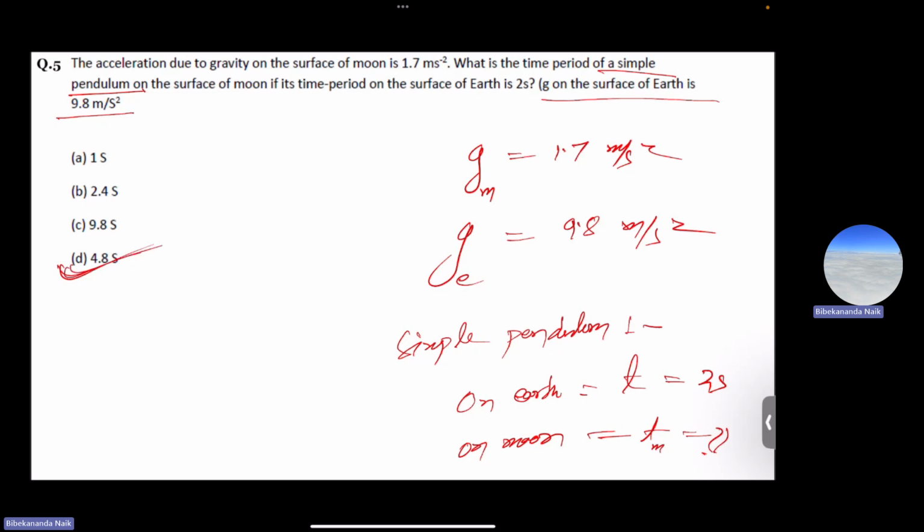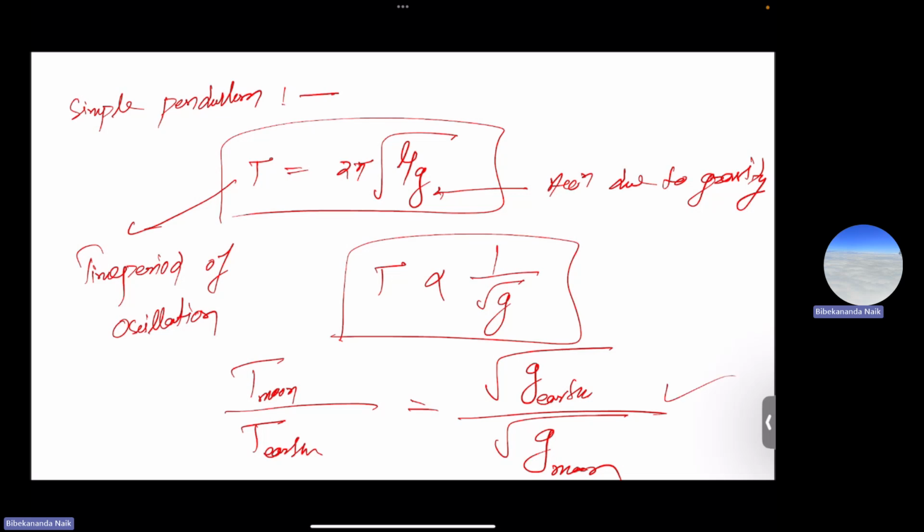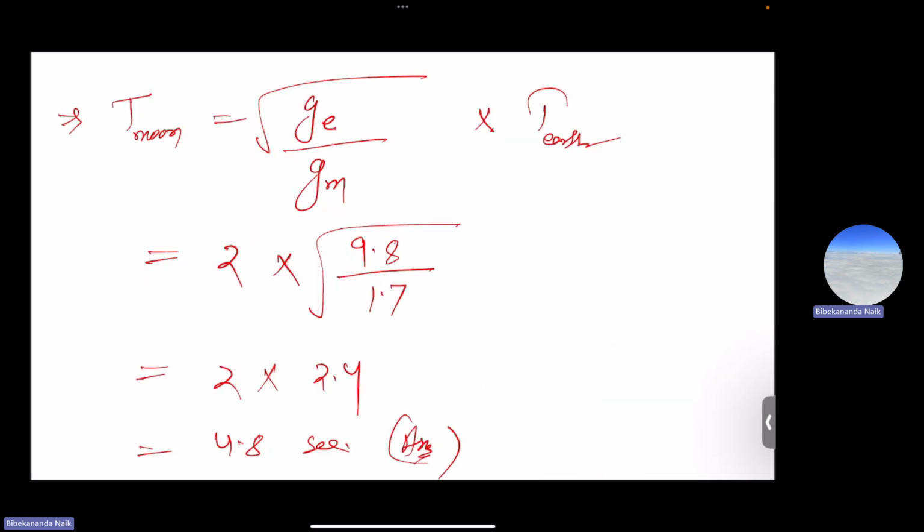When the acceleration due to gravity is decreased, the time period of oscillation increases. And the correct answer is 4.8 seconds that we calculated from this relation. If this is clear to everyone, now we move to question number 6. Question number 6 says a body describes simple harmonic motion with an amplitude of 4 centimeter and a period of 4 seconds.